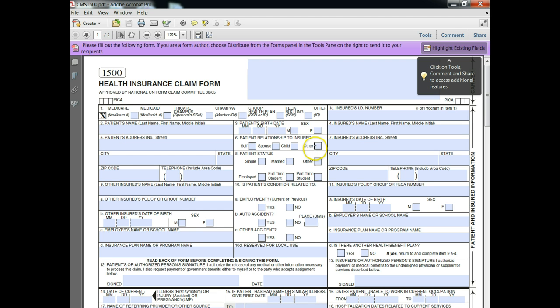Her ID number, which is block 1A, is again on the ledger card, 999 621132, D as in dog. Now we're going to type in her name. By the way, anything that you complete on the CMS 1500 should be in capital letters, no punctuation marks, no commas, no hyphens, no periods.